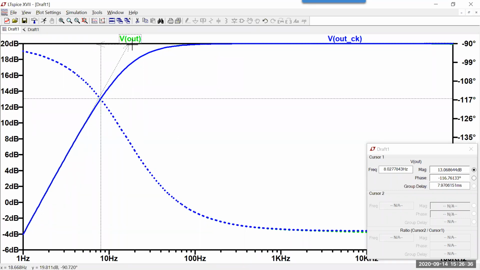And that point right there would be whatever your pole was. But it is an estimate. Right at the pole, the magnitude isn't accurate at all, and it's exactly accurate for phase at the pole, and then 100 times out and 100 times less. But to design and to think about it, that's really all you need.